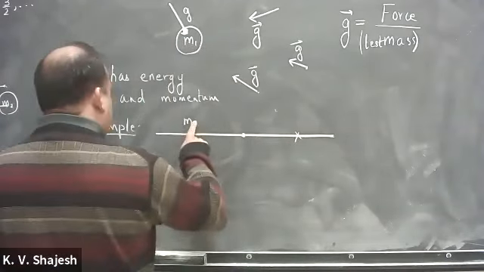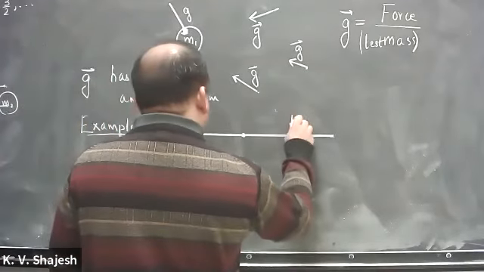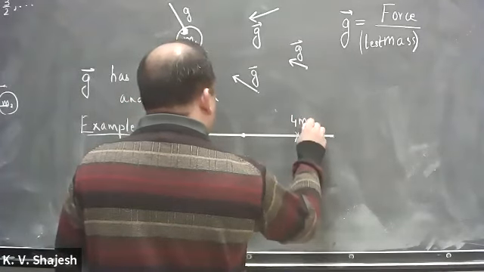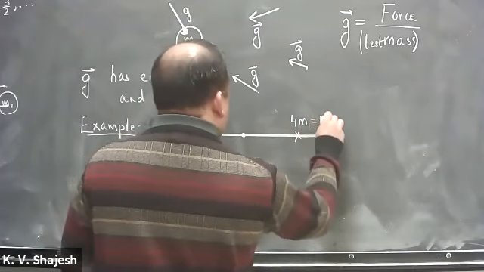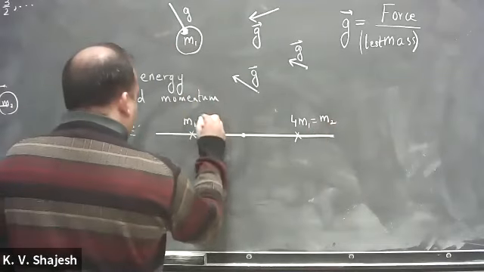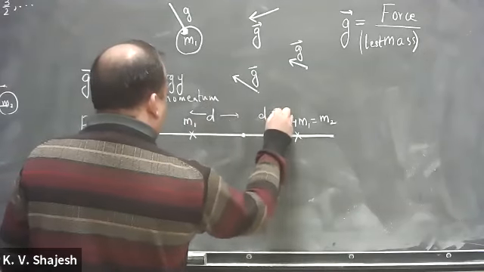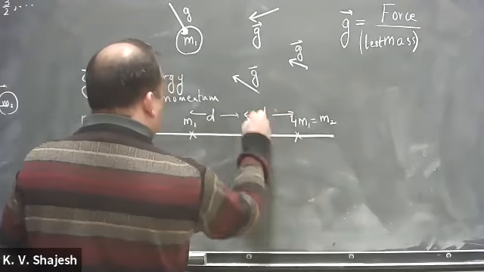Let's say these are not identical, so let me say M2 is 4 times M1. This is distance D apart, and that's also distance D.